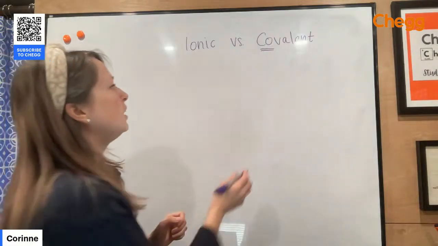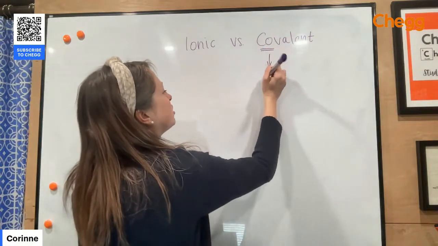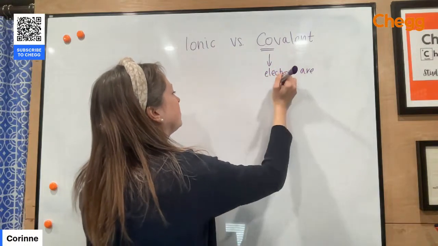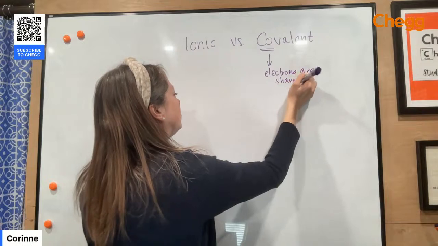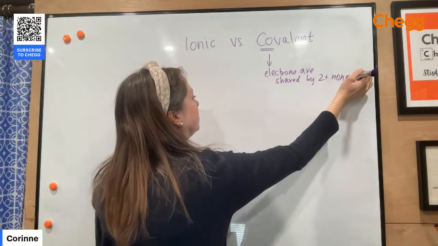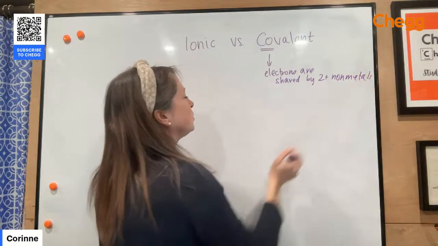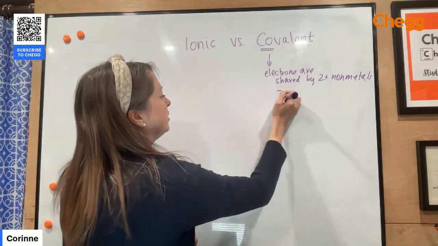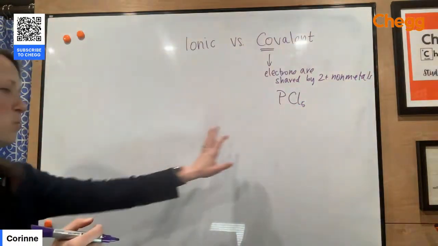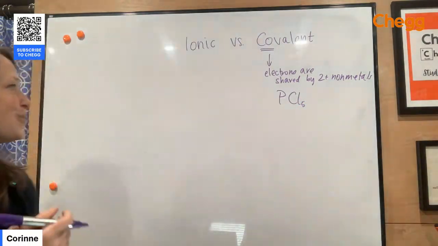You are sharing. So this is when electrons are shared by 2 or more nonmetals. So let's say I had PCl5. This would represent a covalent bond. We'll go through naming in just a second in case you need that as well.